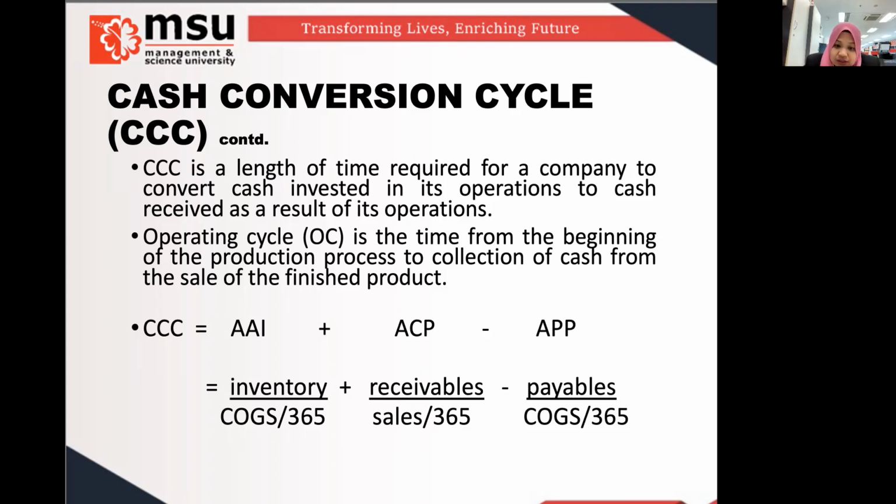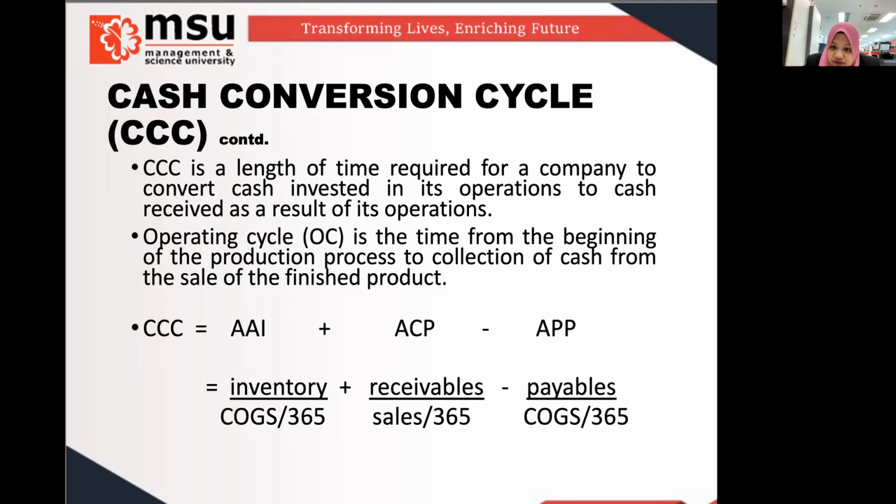So where can we find the sales? Sales we can find in statement of comprehensive income. Okay, so sales divided by 365 and then account receivables divided by the answer. Or what you can do is account receivable divide with sales multiply with 365. The same answer you will get.